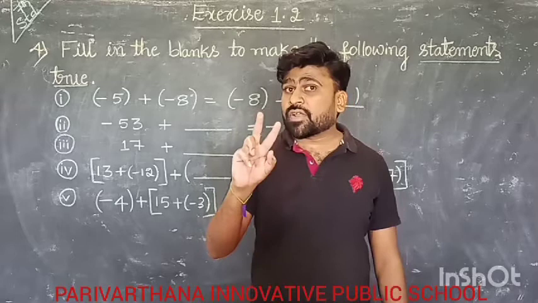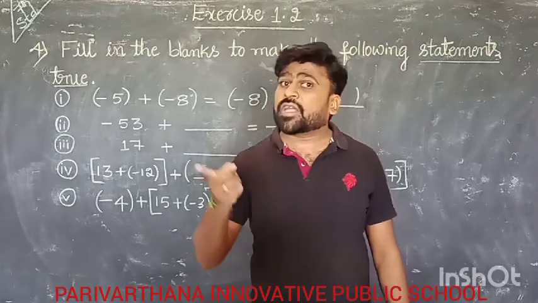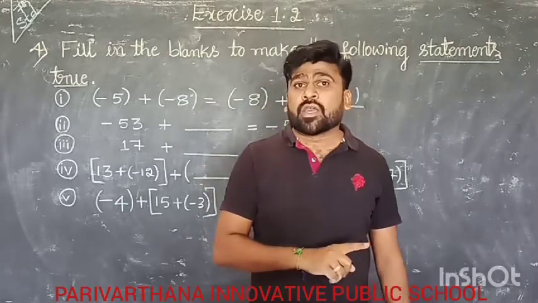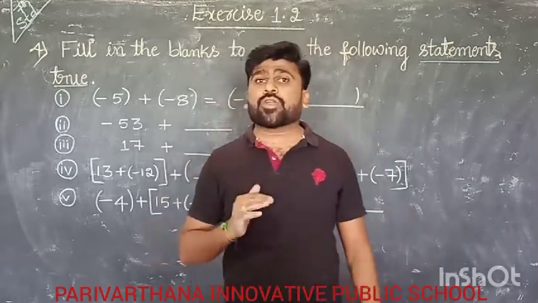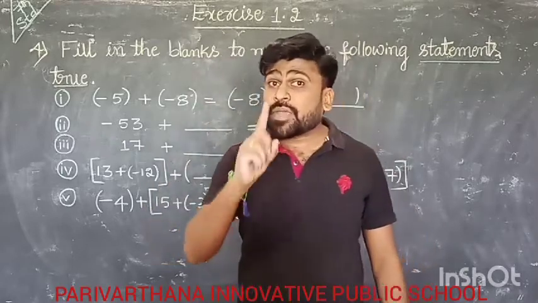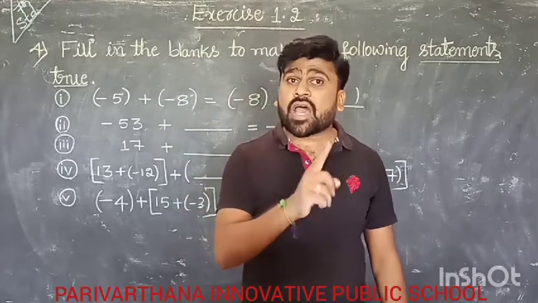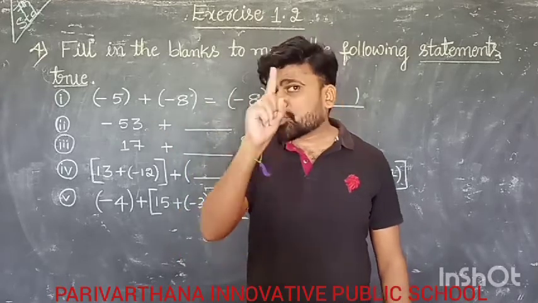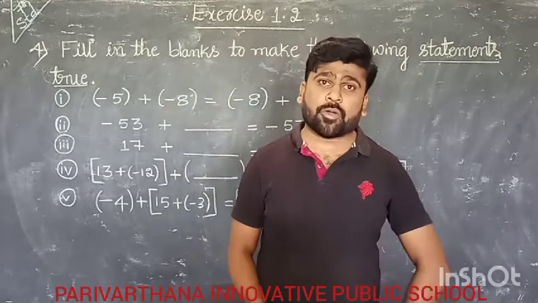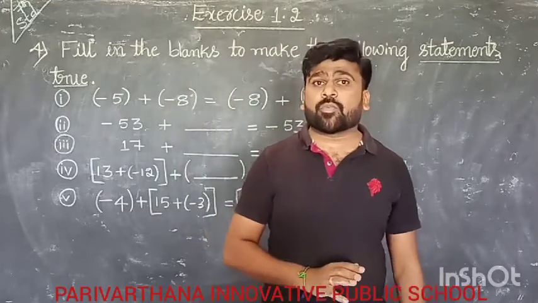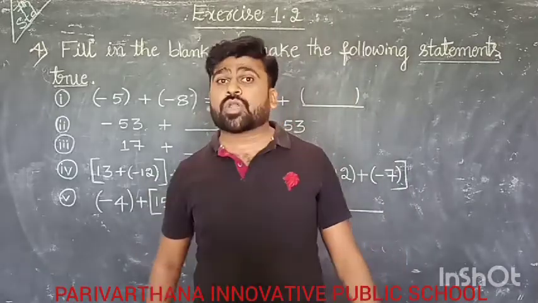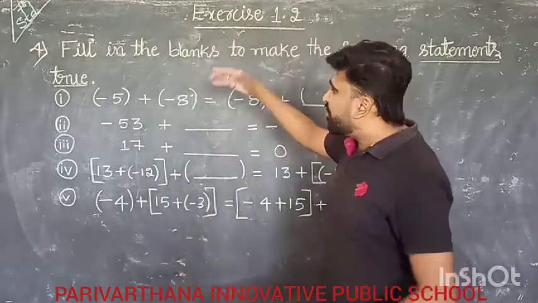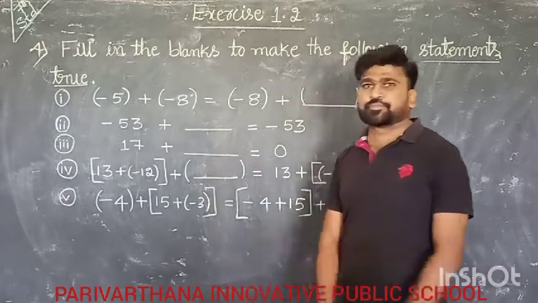If two numbers are given, it is commutative property or closure property. For identification, in closure property, A plus B is equal to C: on the RHS two numbers, on the LHS one number. That should be the closure property. In commutative property, RHS and LHS both have two numbers. Clear? Now we can fill the box.